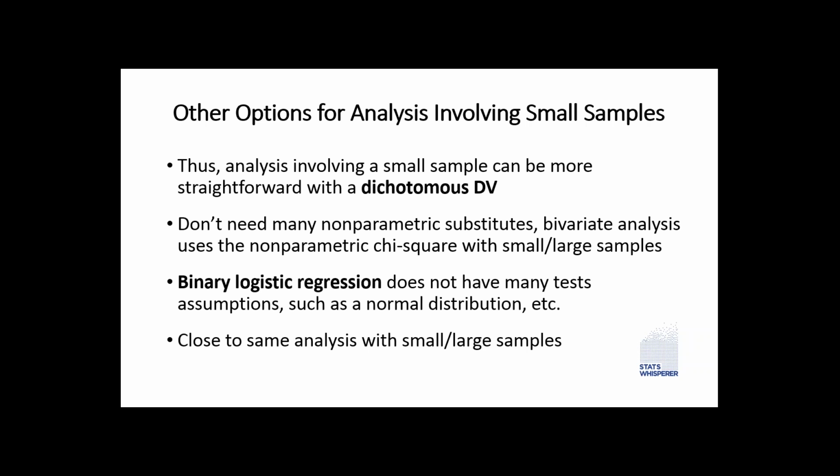If you have a small sample and you're doing an analysis and there's a reason to dichotomize a continuous dependent variable, like we had a cutoff score of 3 days or more, and you never want to do it arbitrarily, but if there's a reason to do it, you might want to consider using a dichotomous dependent variable in small samples research.